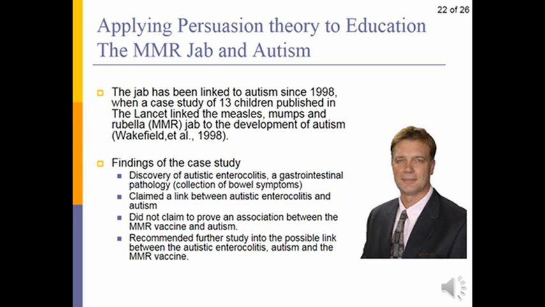But this case study by Wakefield reawakened the old fears and the old argument, as it appeared to find a link between a medical reaction to the inoculation, which the author of the report, Wakefield, described as autistic enterocolitis, and suggested that the vaccine caused the gastrointestinal reaction, the autistic enterocolitis, and that in turn produced autistic disorder development in the individual.